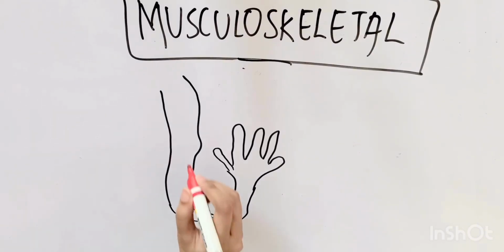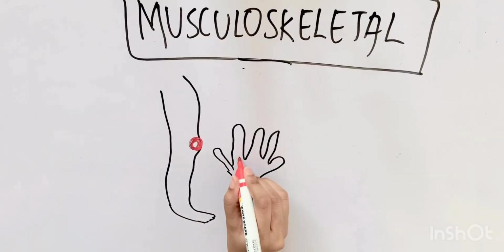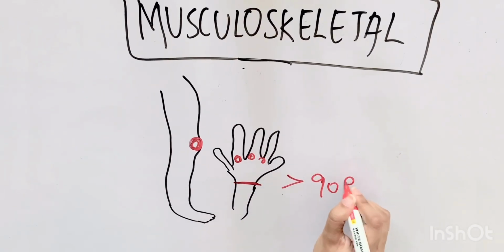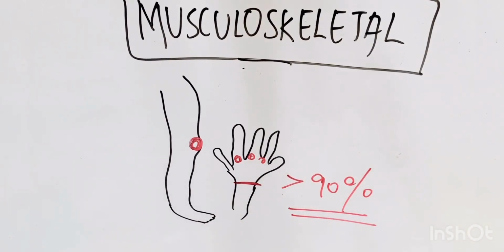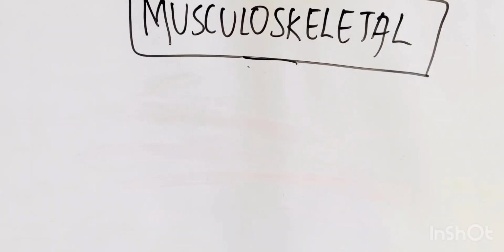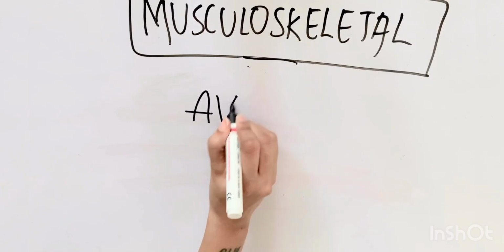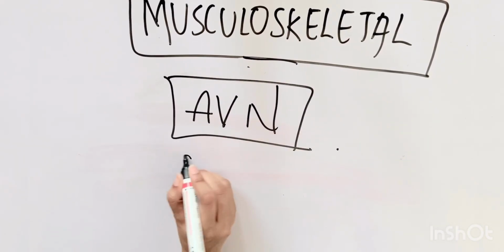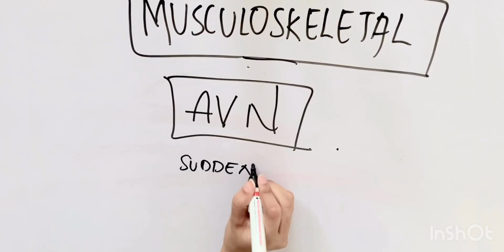Clinical manifestations over the musculoskeletal system. Here, the small joints of both the hands, knees and wrist are mostly affected, with a frequency of 90%. When a patient comes to us with SLE, avascular necrosis and infection must be suspected.